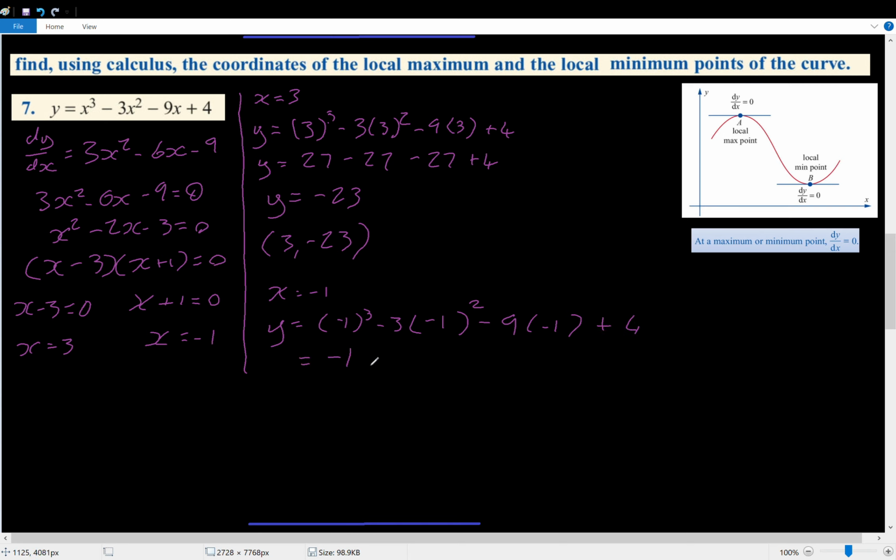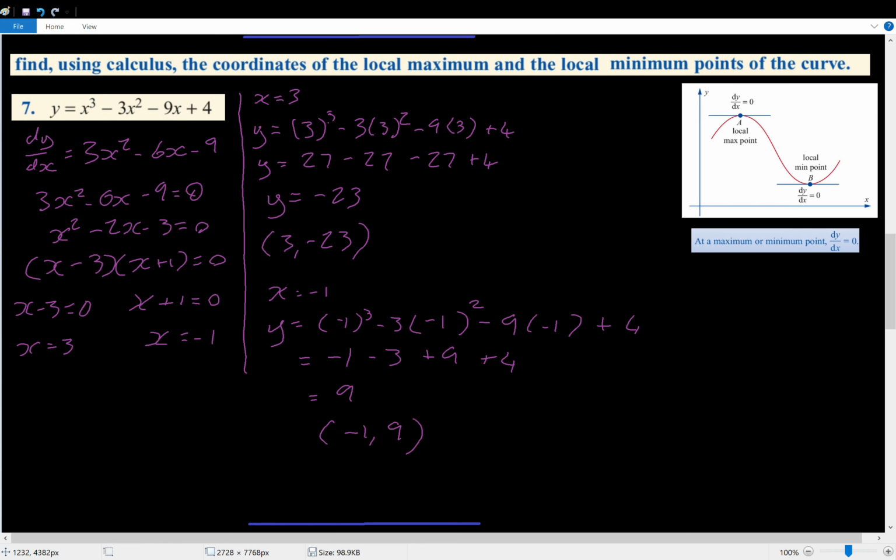Minus 1 cubed is minus 1. Minus 1 squared is 1 times minus 3 is going to be minus 3. Minus 9 times minus 1 is going to be plus 9. And then we have plus 4 on the end. 9 plus 4 is 13. 13 minus 3 is 10. Minus 1 is equal to 9. So we get the point (minus 1, 9).